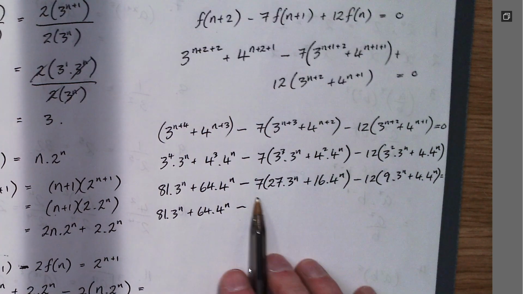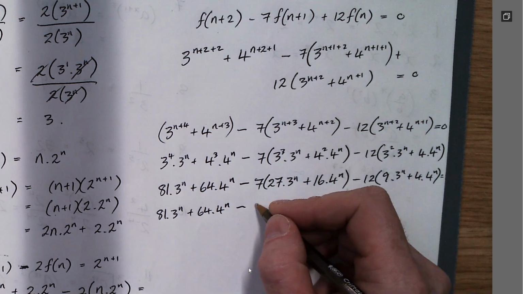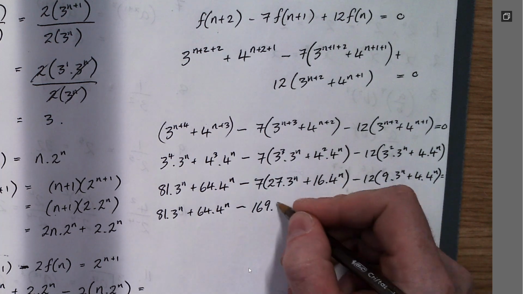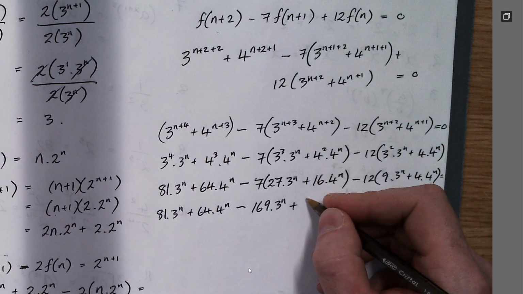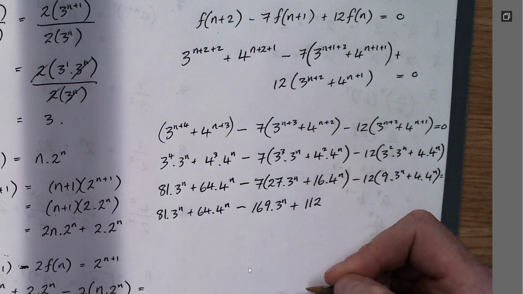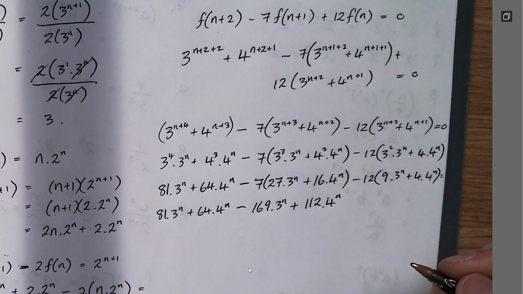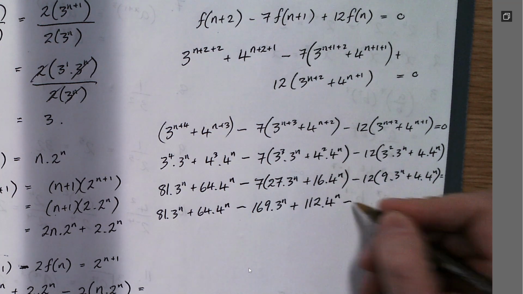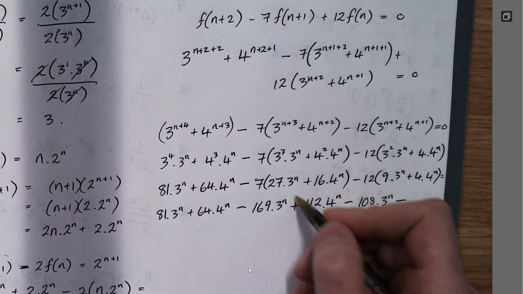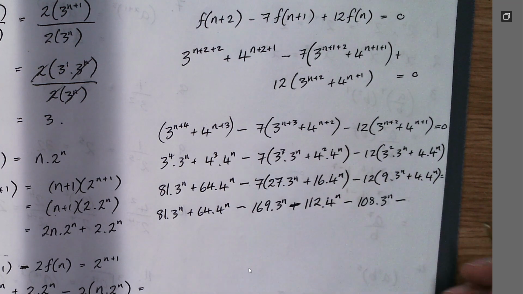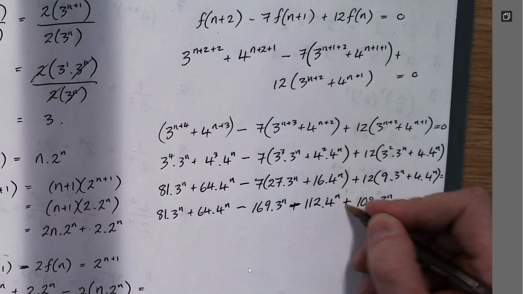64 plus 16 is 80, plus 1 times 4 to the power of n is 81, so 81 times 4 to the power of n. Let me check with a calculator, just to double check. Minus 2 times 9 is 18, times 3 to the power of n, minus, oh actually it is minus because of the minus 2.